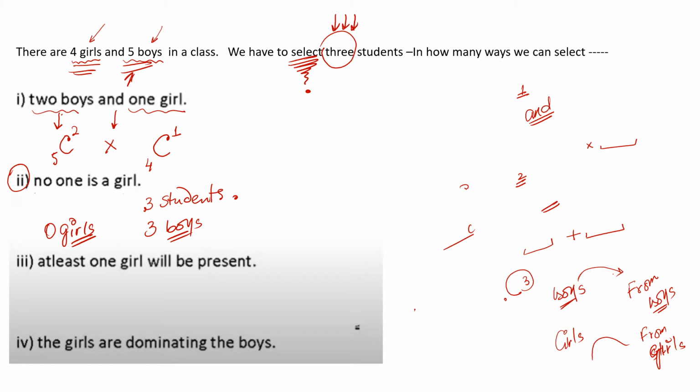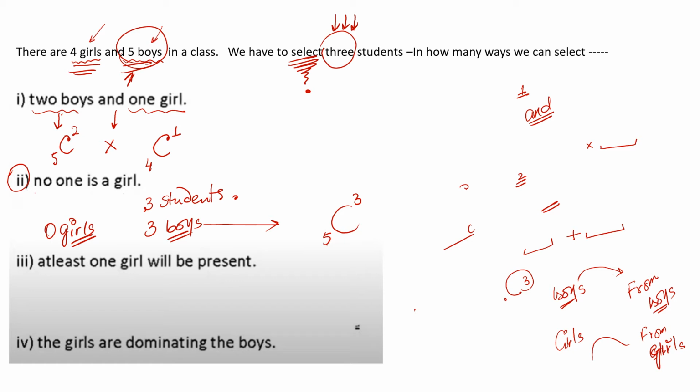So all 3 students will be selected from the boys. How many boys do you have to select? You have to select 3 boys, out of how many boys? Out of 5 boys. So your answer will be 5C3.